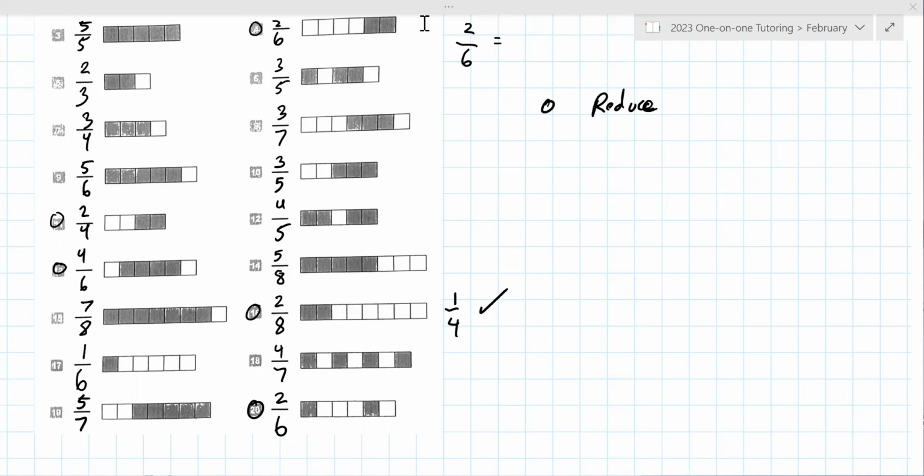That's right. Number 11, you can get 1/2. That's right. For number 13, you can get 1/3. We're looking at 4/6.